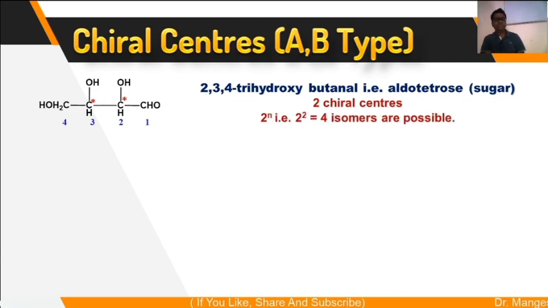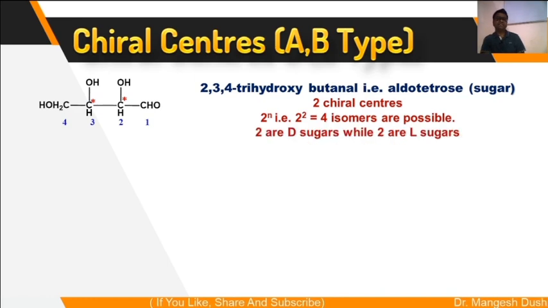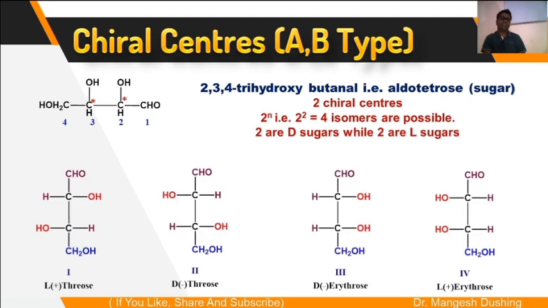Out of 4, 2 will be D isomers, while 2 will be L isomers. So if you try to write down these 4 stereoisomers, they will look like this.